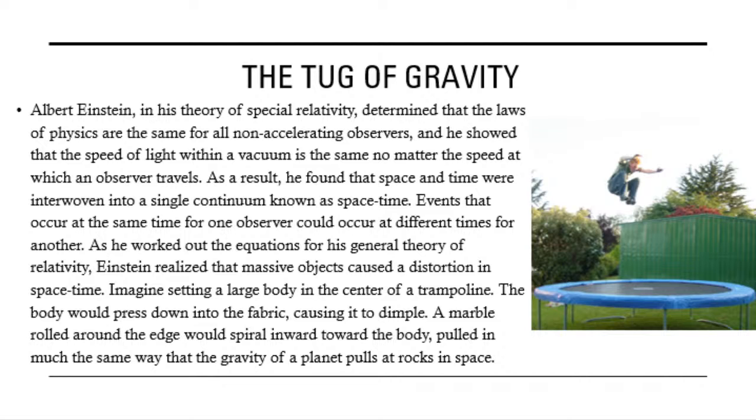The body would press down the fabric and it would dimple. A marble rolled around the edge would spiral inward toward the body. I'm pretty sure many of you must have seen that, right? And it will be pulled in much the same way that the gravity of a planet pulls at rocks in space.